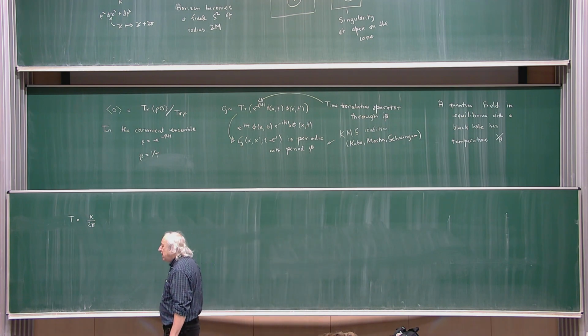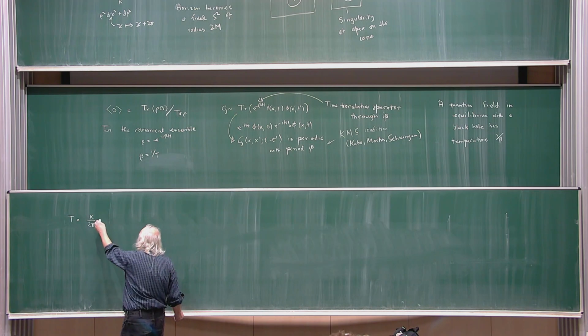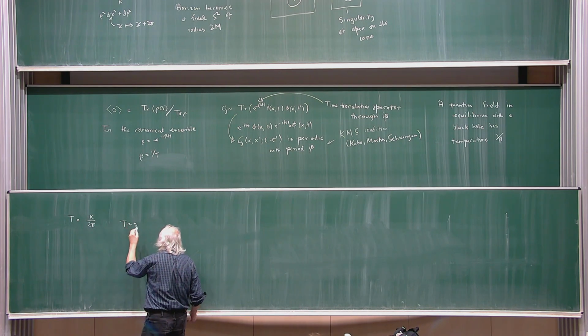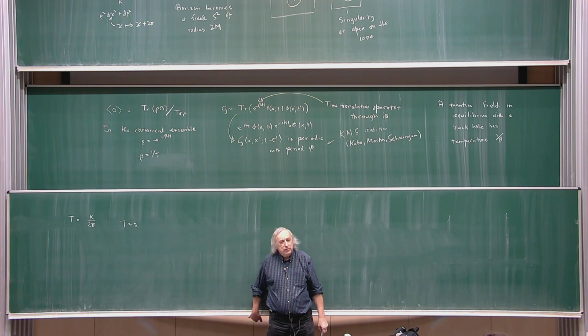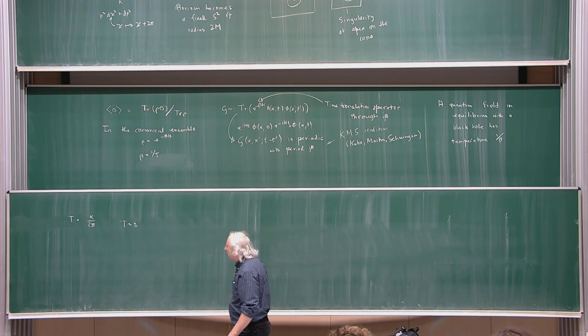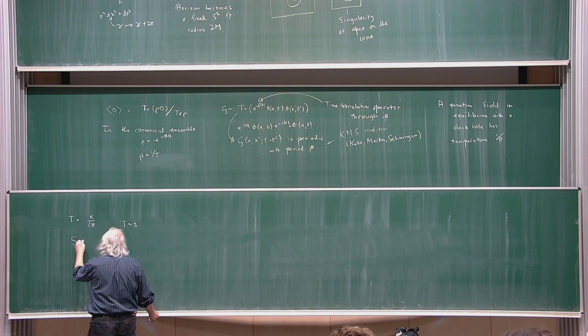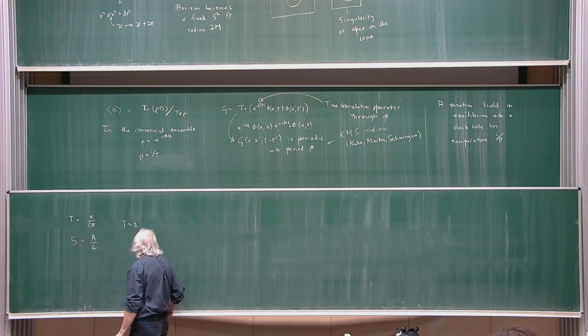So if I put factors of h bar back in, then I would discover that the temperature was proportional to h bar. That means that the first law of black hole mechanics really is the first law of thermodynamics, provided you identify S with the area of the event horizon divided by 4.